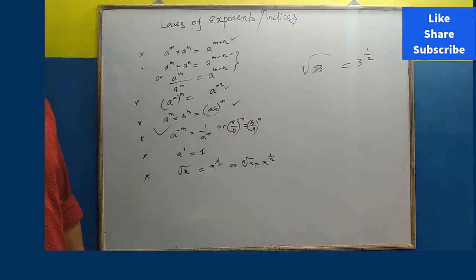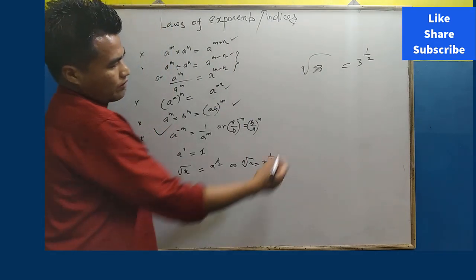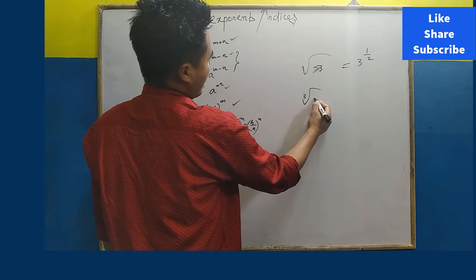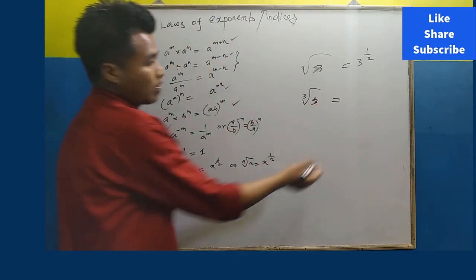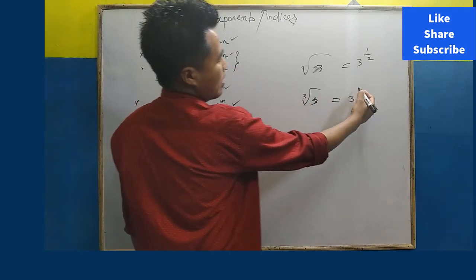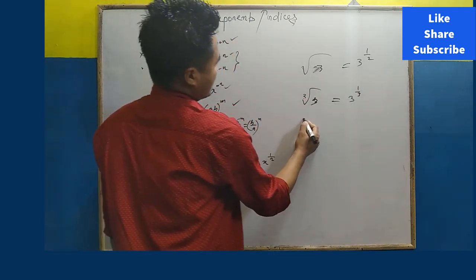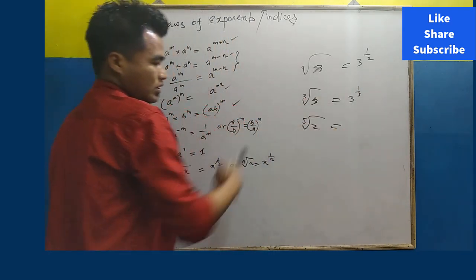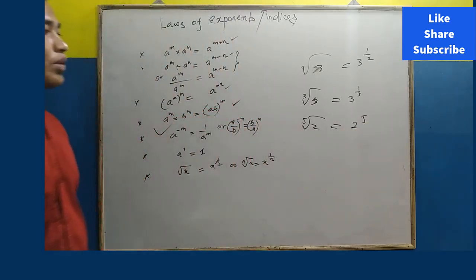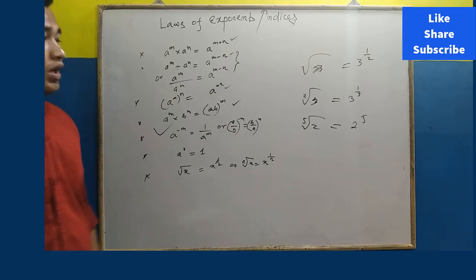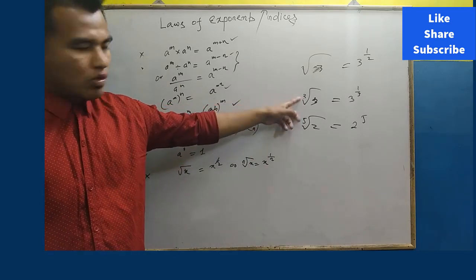Or if you have something like the cube root of 3, if you want to write this in power form, this will be 3 to the power 1 by 3. Or the fifth root of 2 will be 2 to the power 1 by 5. So whenever you have radical form, this will always be the power or the index.